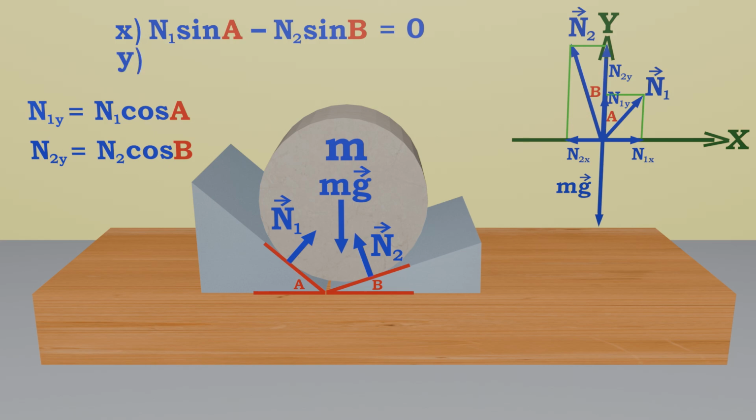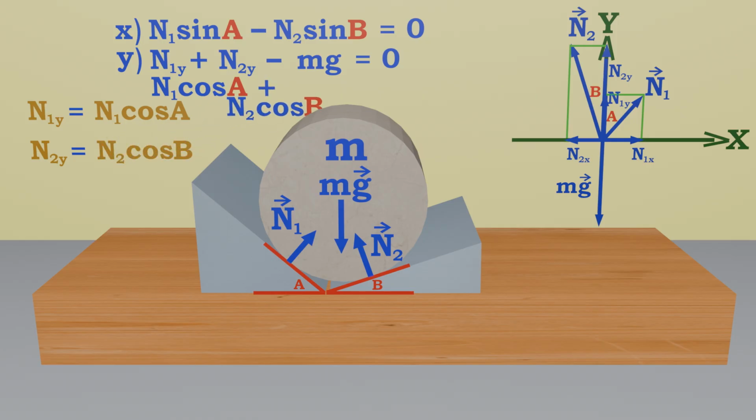Along the y-axis, Newton's second law can be written as N1y plus N2y minus mg equals 0, or N1 cosine A plus N2 cosine B minus mg equals 0. The negative sign before mg, of course, indicates that this force is directed opposite to the y-axis.